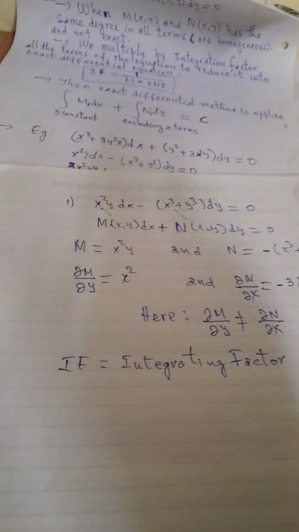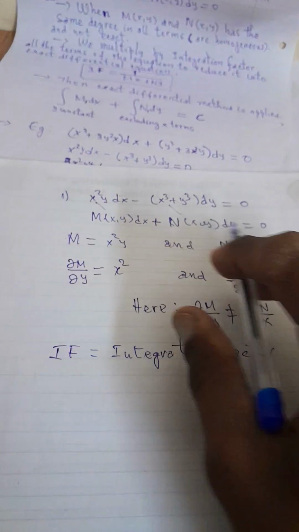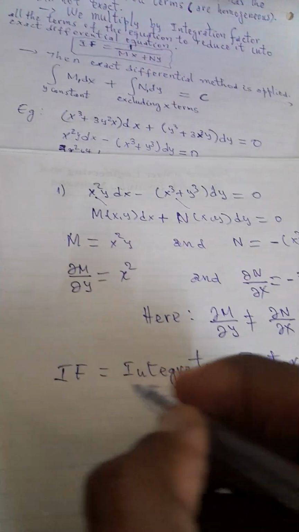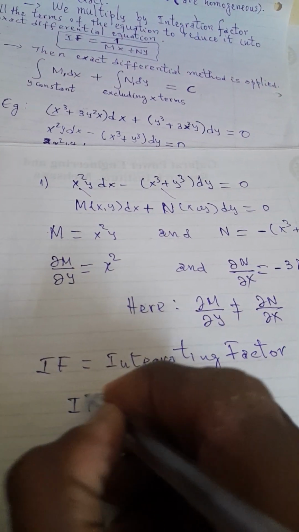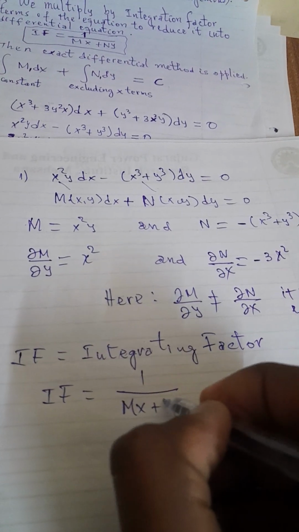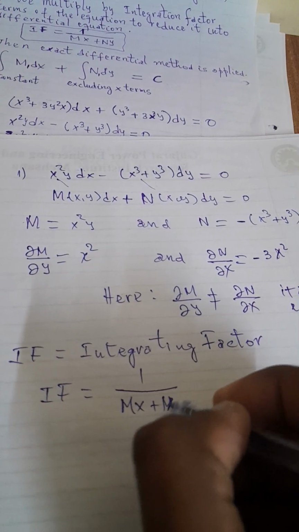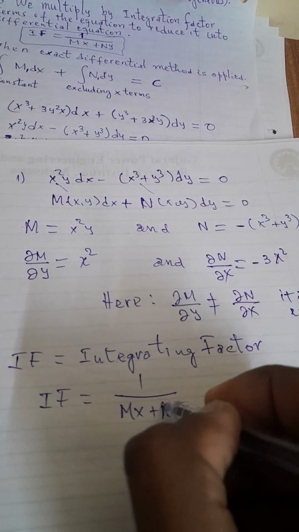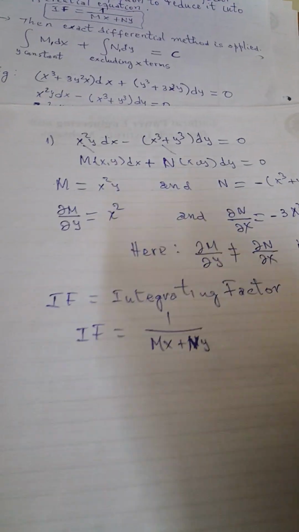For a homogeneous function, we use this integrating factor: IF for a homogeneous function is 1 upon Mx plus Ny. Now let us find what our IF will be.